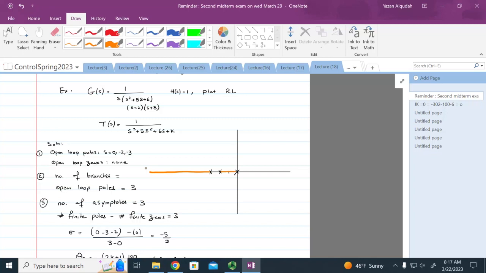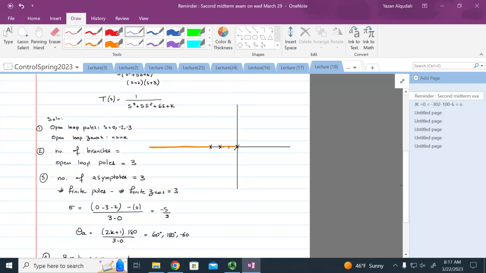And these asymptotes are going to meet at -5/3, which is going to be a point somewhere here. So at this point, all these asymptotes are going to be meeting, and they're going to be making an angle that is 60 degrees, -60 degrees, and 180 degrees.